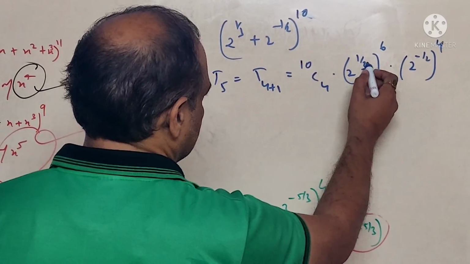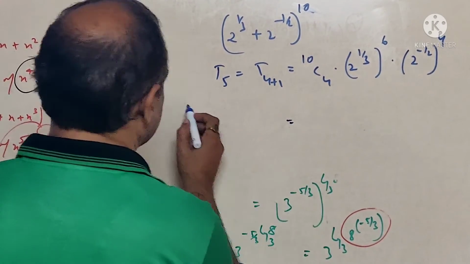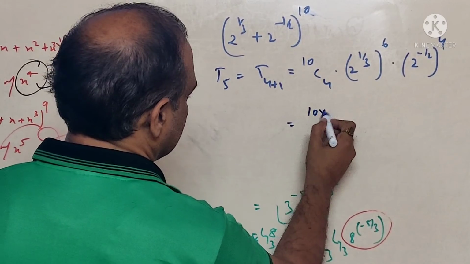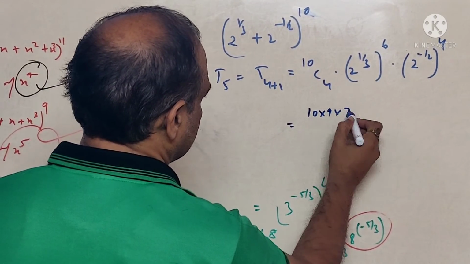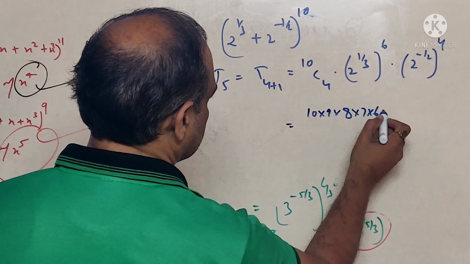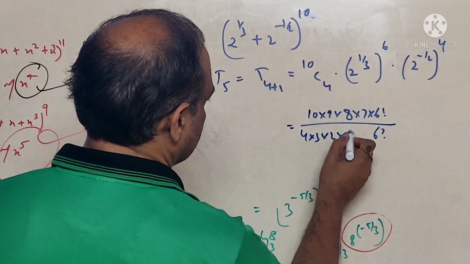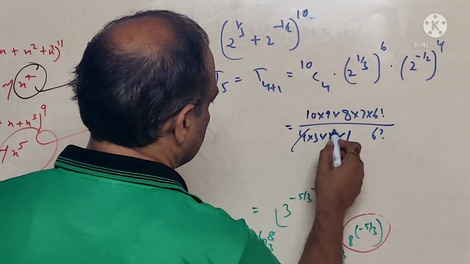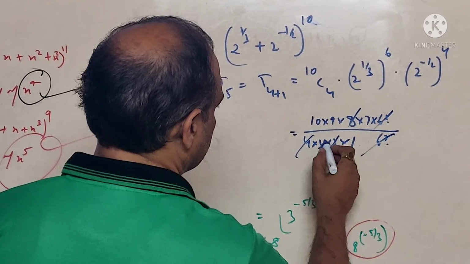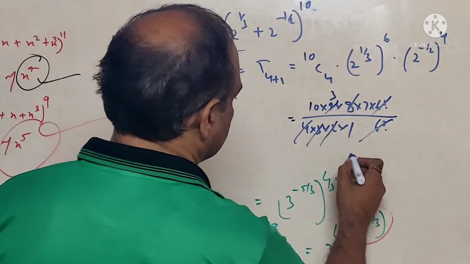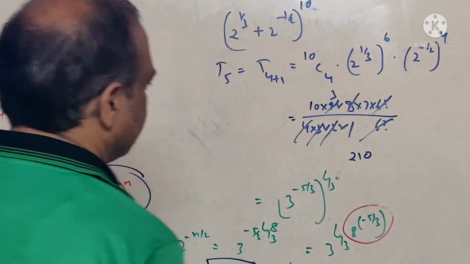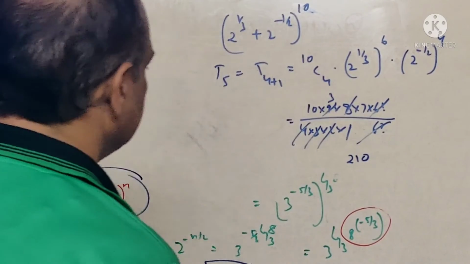This will get multiplied. This is 10C4. How much is 10C4? It is 10 into 9 into 8 into 7 into 6 factorial upon 6 factorial into 4, 3, 2, 1. The 4 and 2 cancel with 8, 6 factorial gets cancelled, 3 threes are 9, 3 sevens are 21, and this is 210. Clear?